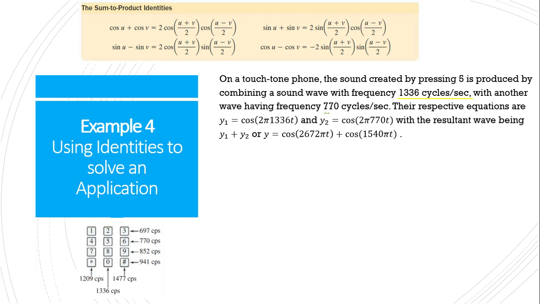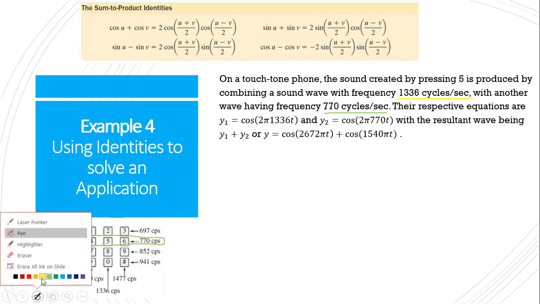So another wave with the frequency of 770. So notice where the number 5 is on this pin pad right here. Everything in this row has 770 cycles per second. So 4, 5, and 6, they all have a frequency of 770 cycles per second.